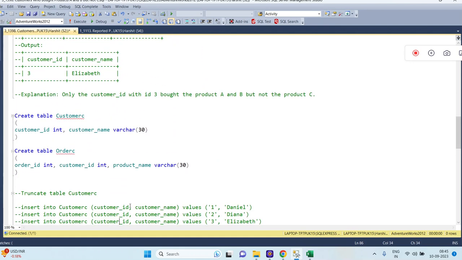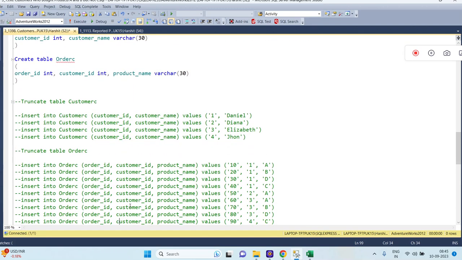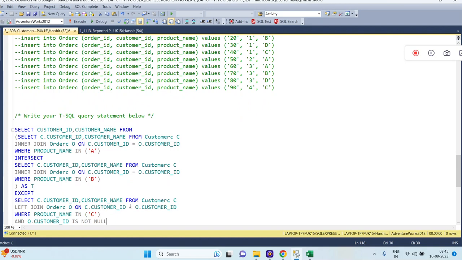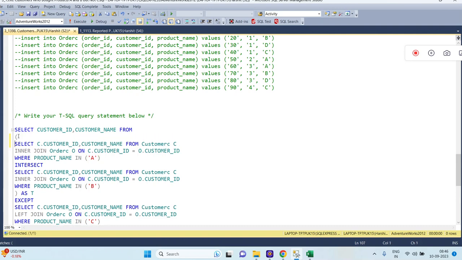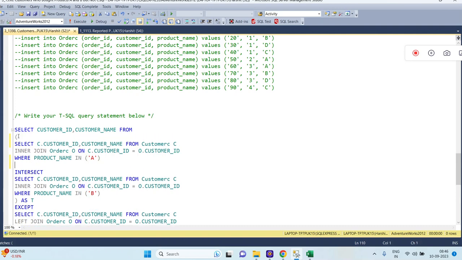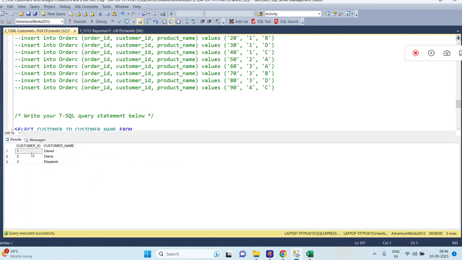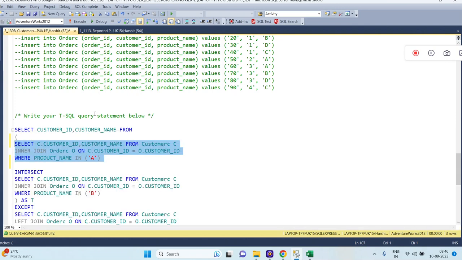Now I have already created the table and inserted the sample data into it. Let me start with the solution. First we need to identify the customers who have purchased product A. We can identify them with an inner join, giving 1, 2 and 3.